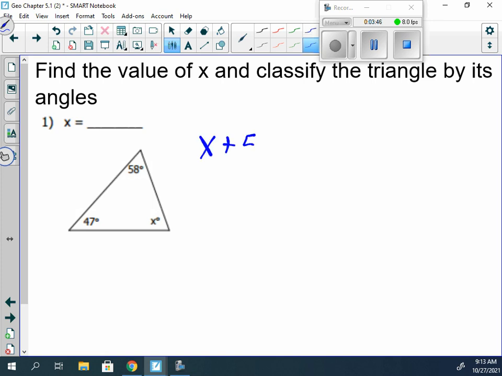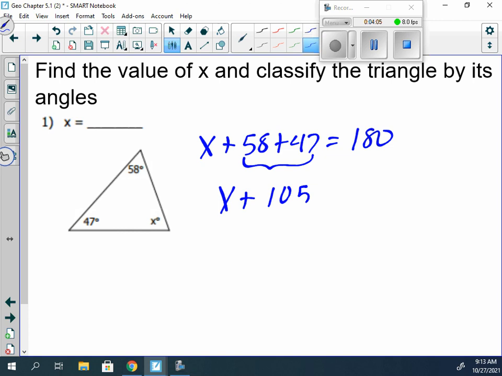So x plus 58 plus 47 is 180. The next thing we can do is combine like terms. Since 58 and 47 are on the same side of the equal sign, we can just add them together, which is 105.